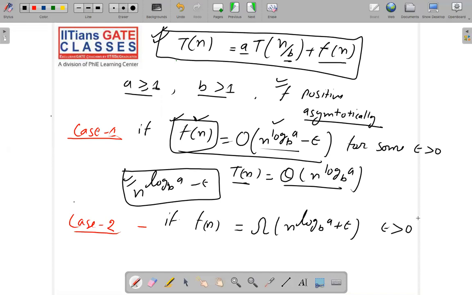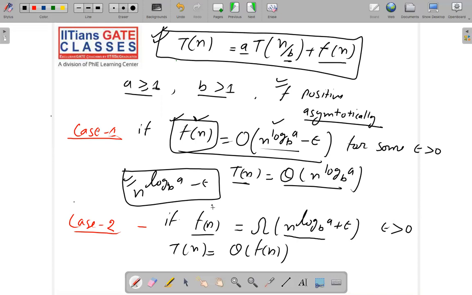So what we are saying here is that n to the power log base b of a is lesser than f(n) for every constant b and a. If it's lesser, then we will say that T(n) is equal to theta of f(n).